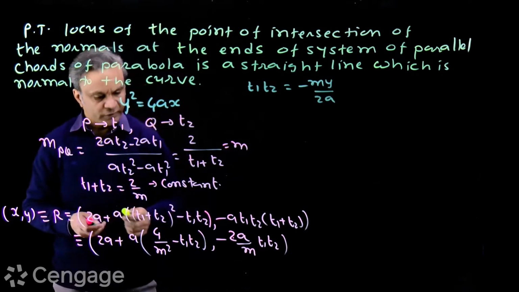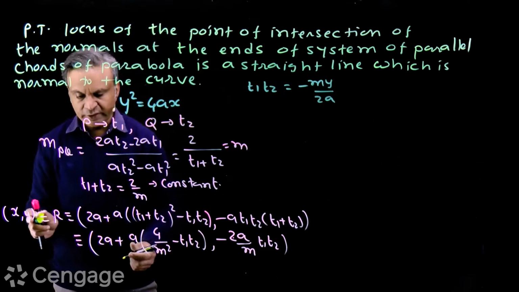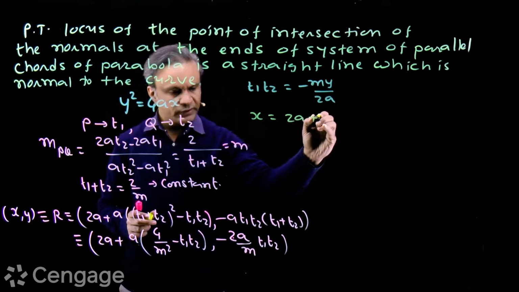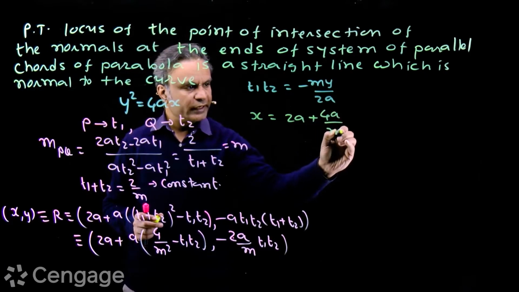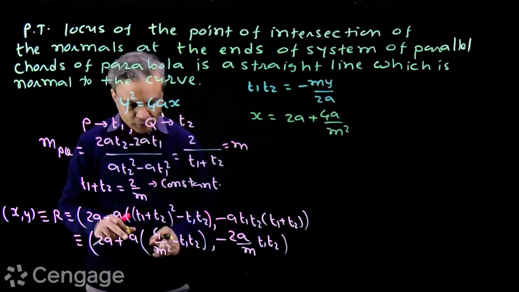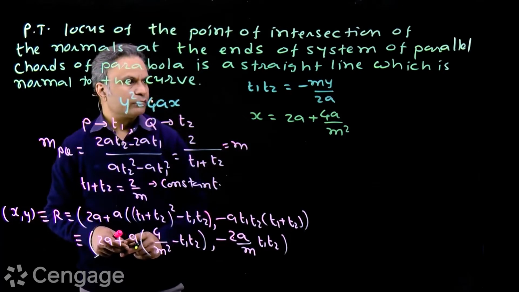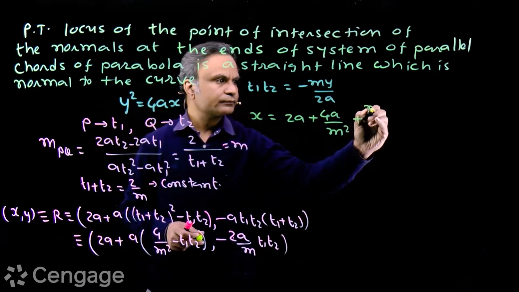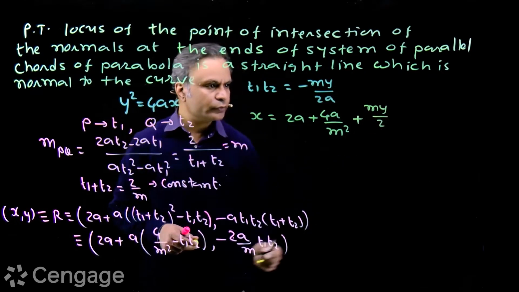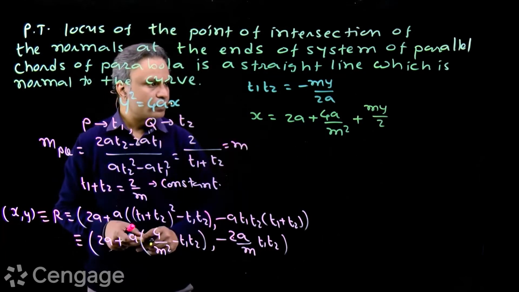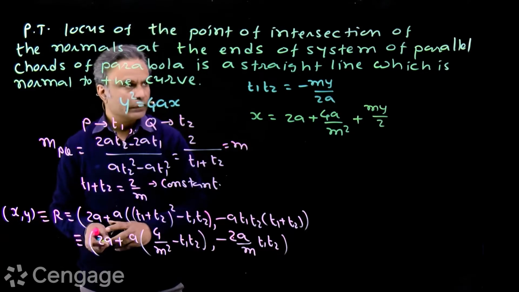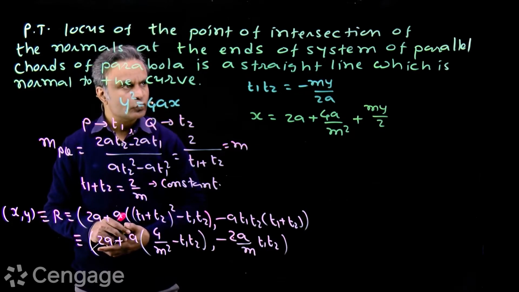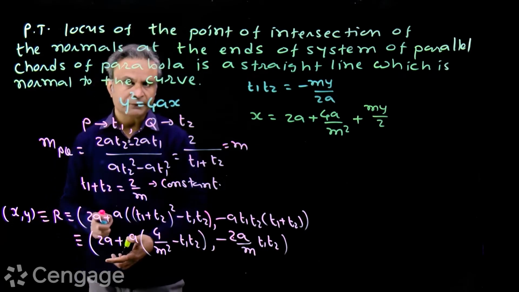We put this value of t1 t2 here in the x coordinate, so we get x is equal to 2a plus 4a upon m square, minus a t1 t2. Minus a t1 t2 is from here plus my upon 2. So this is the locus of variable point R. Now clearly this is the equation of a straight line. So one thing is proved that the locus is a straight line.